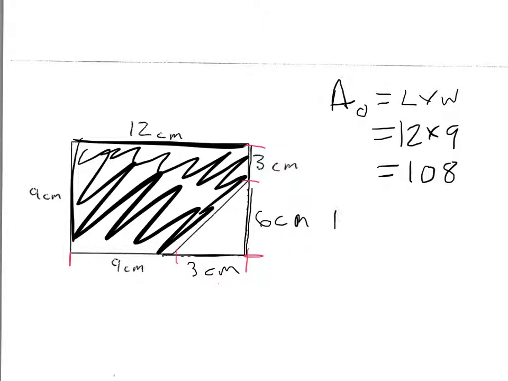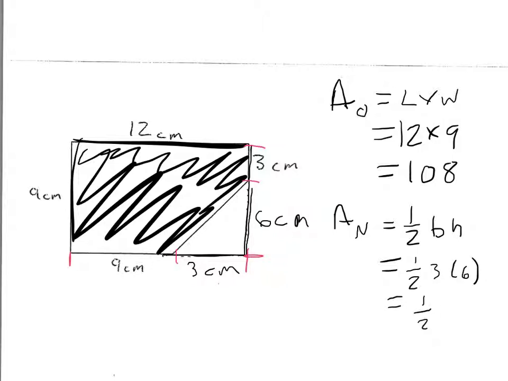So the area of this negative space, the triangle, is equal to 1/2 base times height. So that's going to be 1/2 of 3 times 6, which is 1/2 of 18, which means the area of our negative space is 9 centimeters squared.